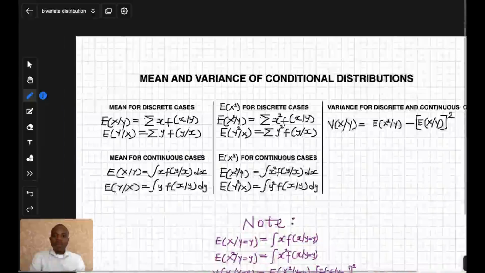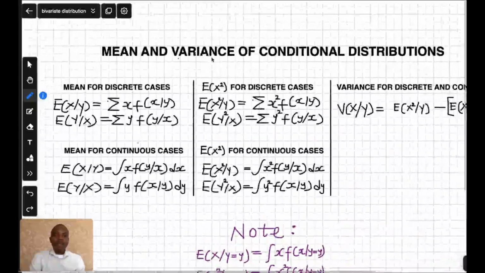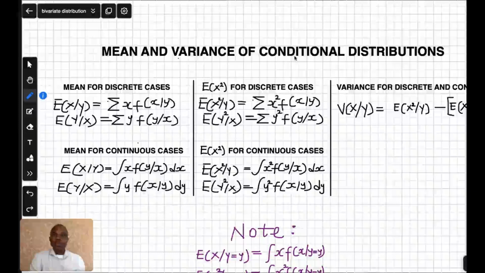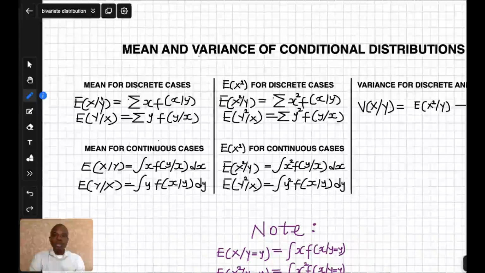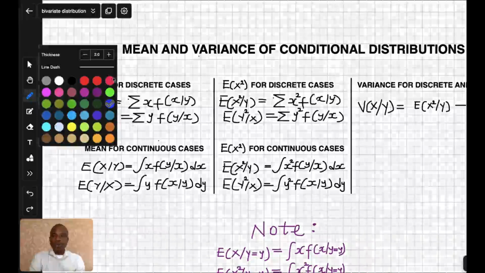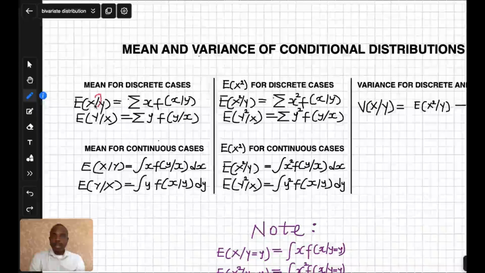Now, when we have a conditional distribution, the mean for the discrete case will become something like this. Now you see the difference here is just the given y, x given y, so just the slash and then the y.